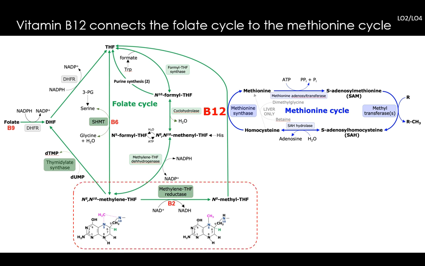N5-methyl-THF is produced from N5,N10-methylene-THF in an irreversible NADH-dependent reaction by methylene tetrahydrofolate reductase. The methyl group, shown below in purple, is derived from either serine or N5,N10-methenyl-THF and is first transferred to vitamin B12 and then to homocysteine to form methionine by methionine synthase.